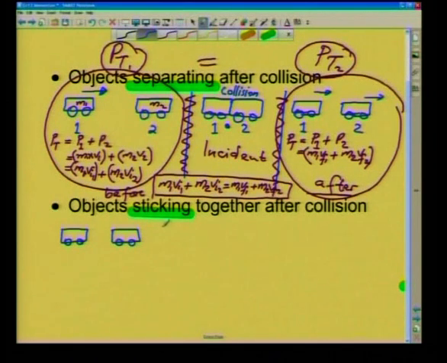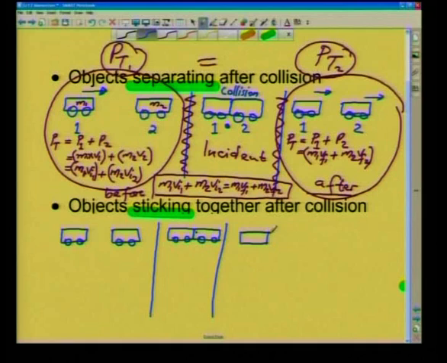They collide, and after collision, we see them still sticking together. They move together in a particular direction.